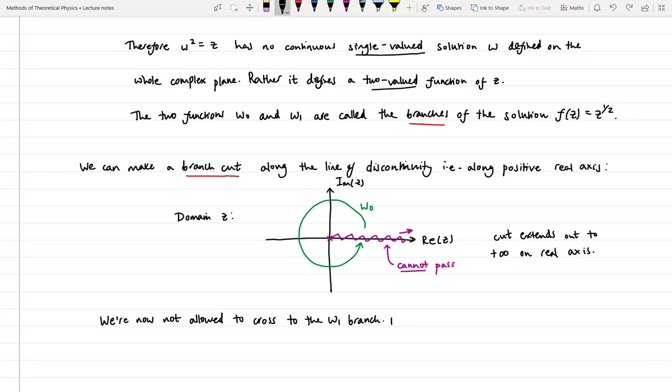As a result, the branch W0 is single valued for inputs that have theta between 0 and 2 pi.